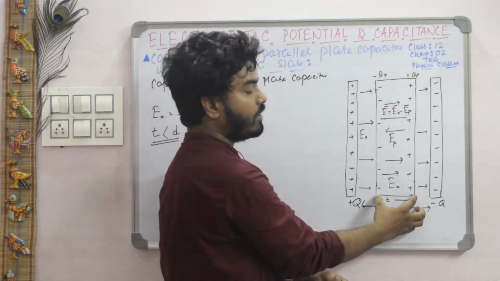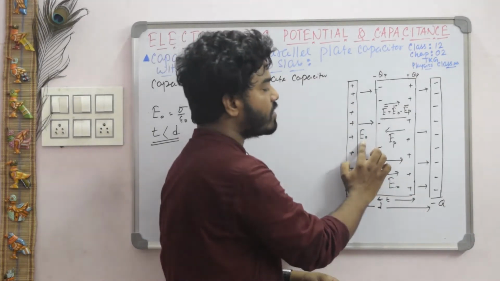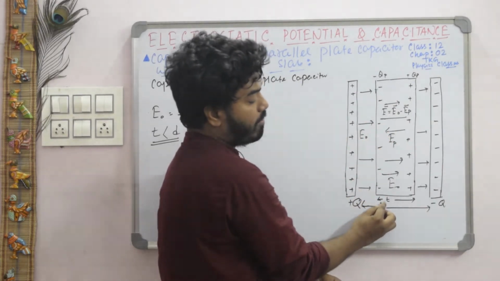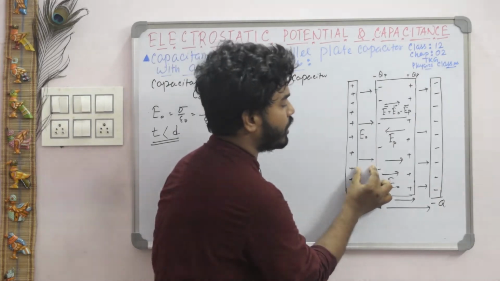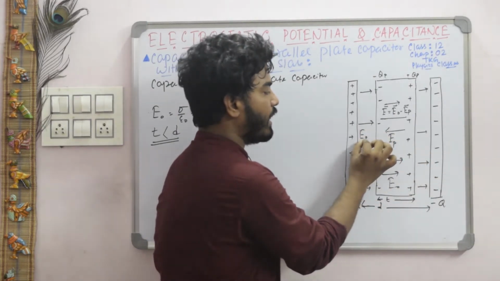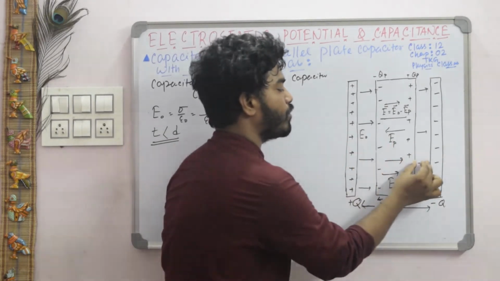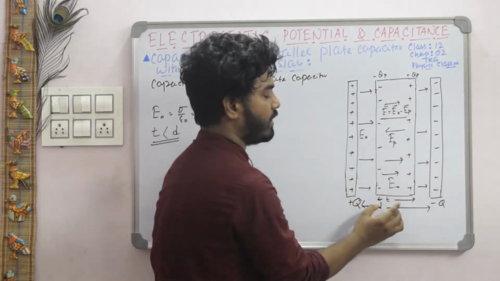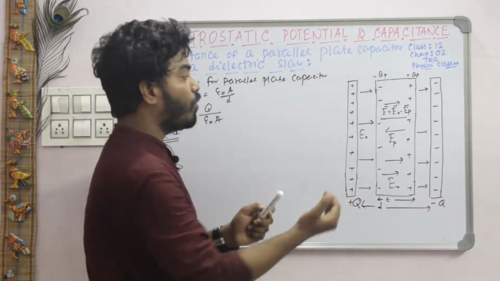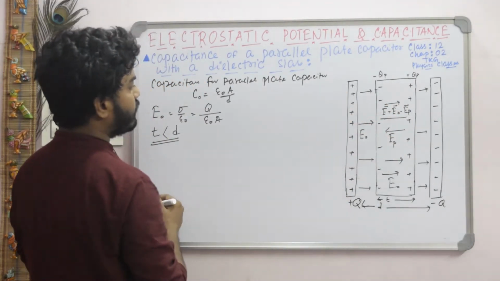We already calculated the net electric field inside the slab portion. So E naught exists in the portions on either side of the slab, the total separation being D minus T.